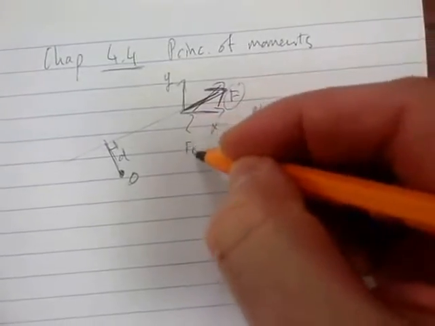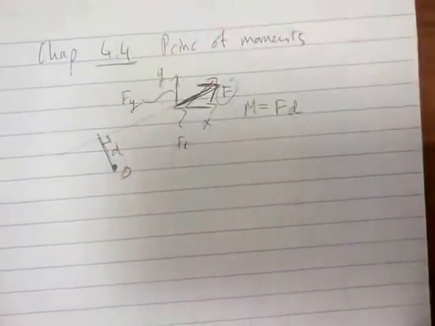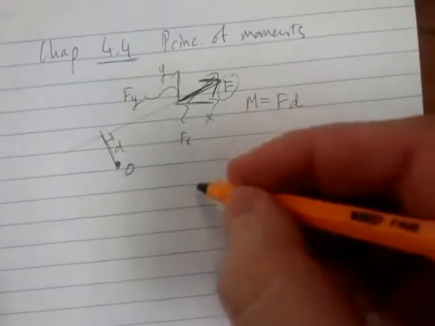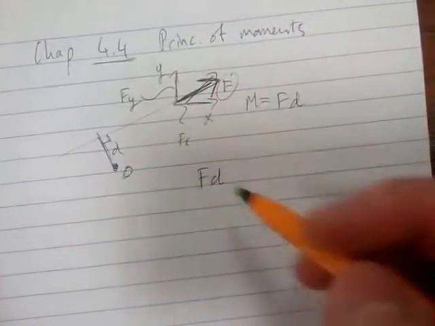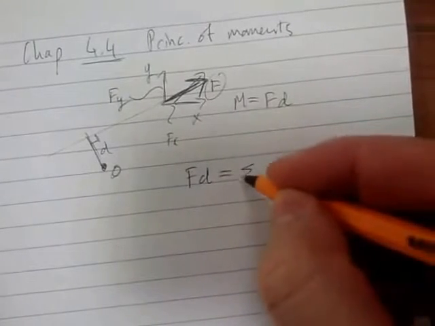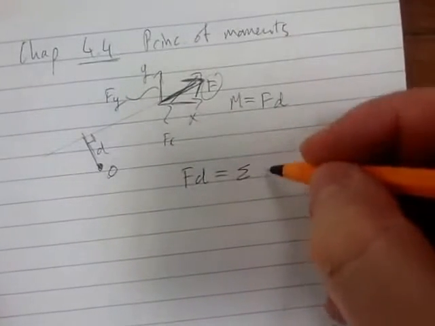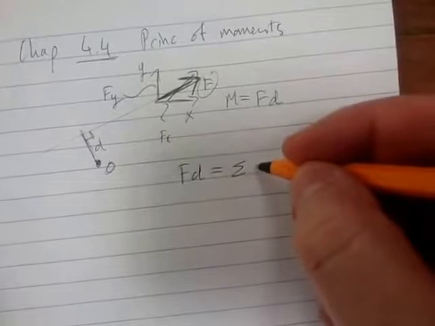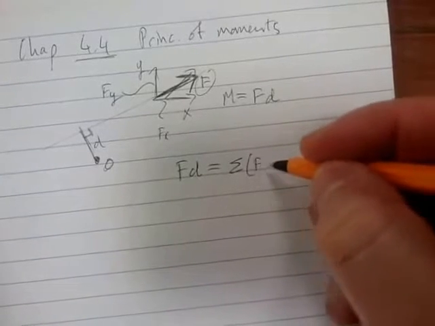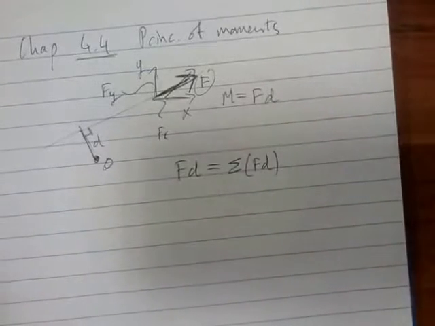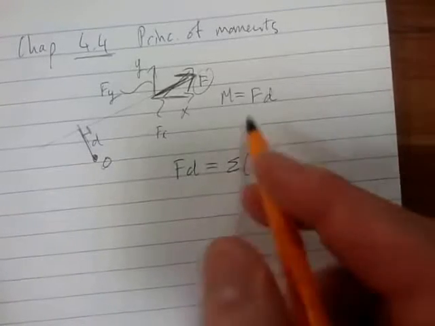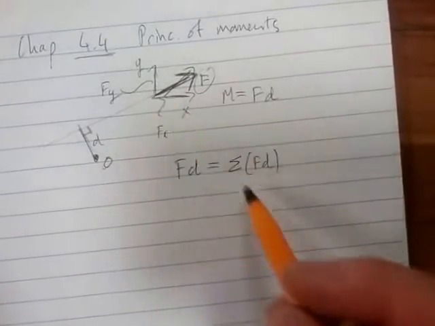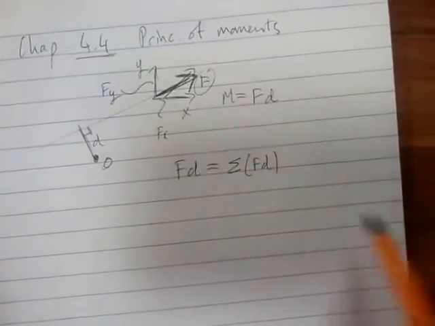So that's Fx, that's Fy. So F times d is equal to the sum of all the FDs. But these F's and D's are the forces and distances of the components of that force.